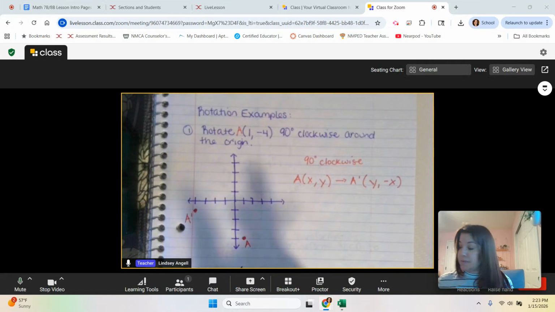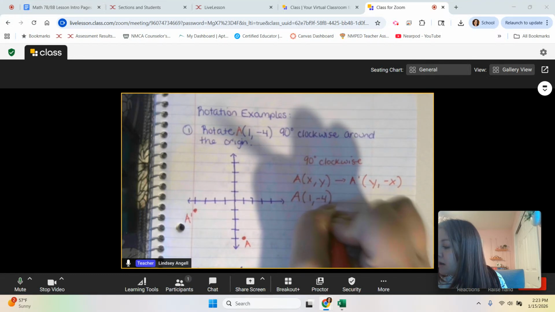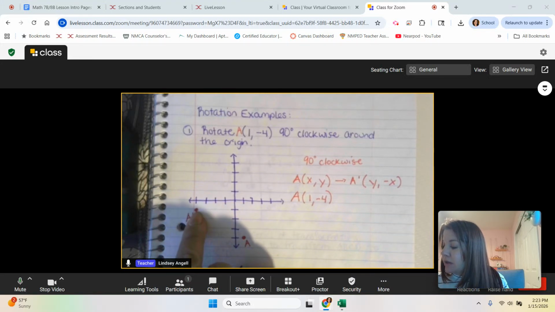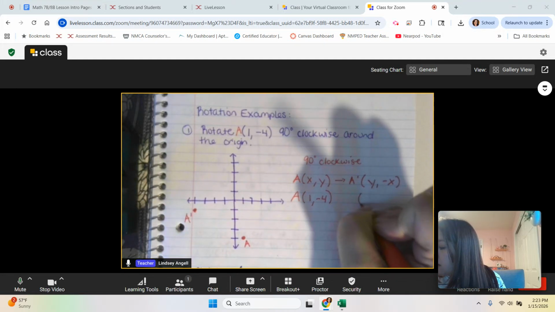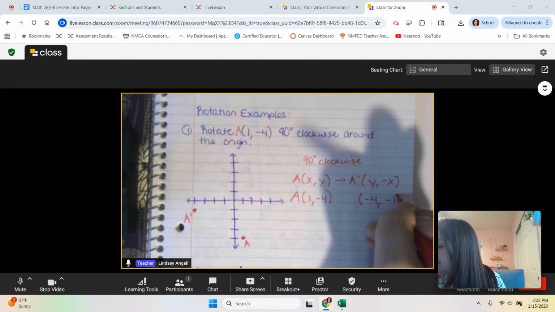And notice that is what happened. For us, we had A at (1, negative 4). Well, now my x value is negative 4 and my y value is negative 1.